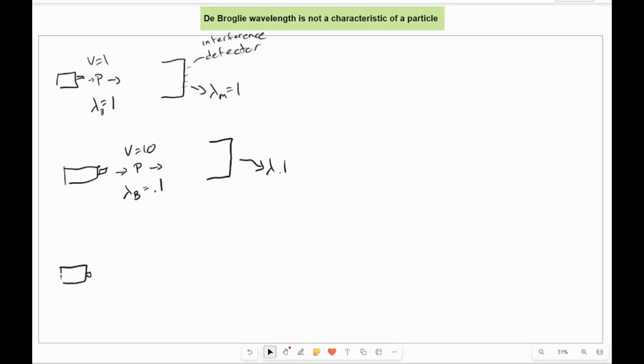However, if we say velocity equals 1, we're going to get a wavelength of 1. And then this detector has a velocity equal to 9. This is non-relativistic, so we're just adding velocities. Right, so the de Broglie wavelength is really the result of two inertial frames interacting.